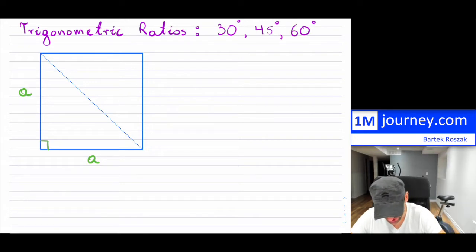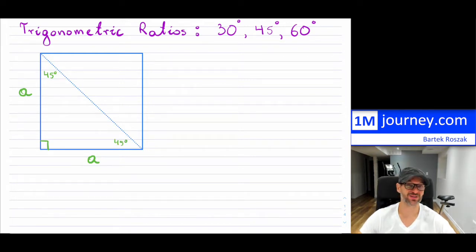What that tells us is that these angles right here must be 45 degrees. That should make sense, because if you divide the square in half, you have 45 degrees and 45 degrees on each side. Now, to find the trigonometric ratios related to this 45 degrees, whether it's sine, cosine, or tangent, I want to show you how you can derive it out of this, and then how to remember it.